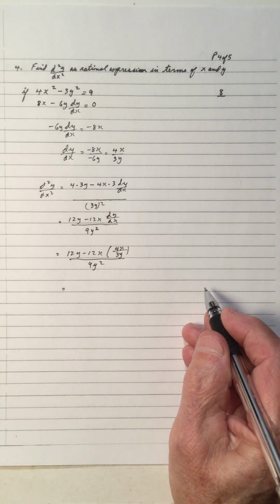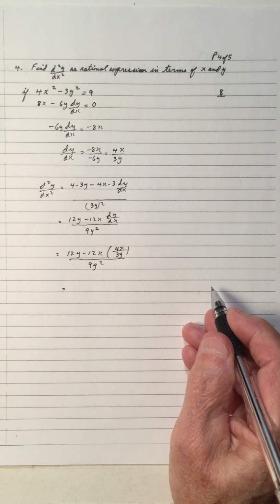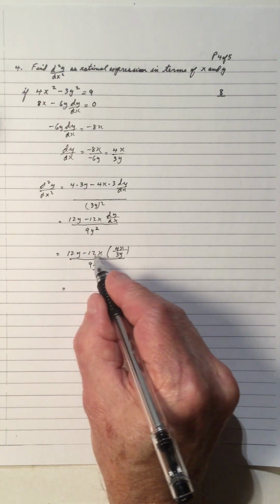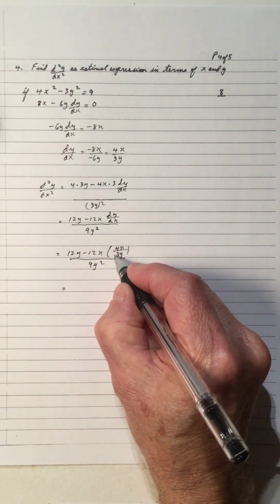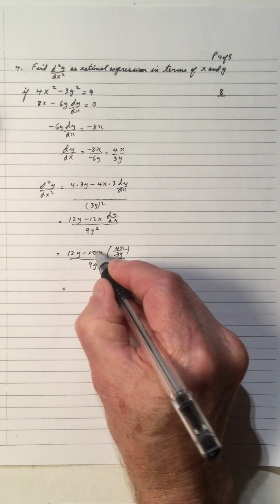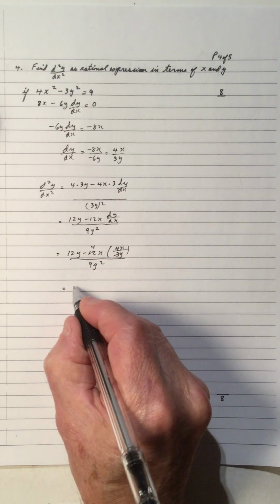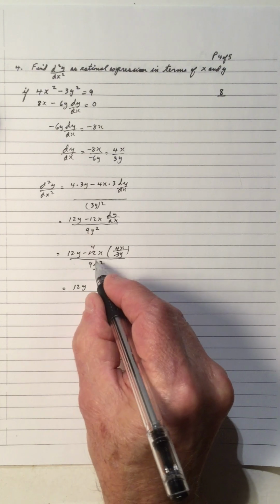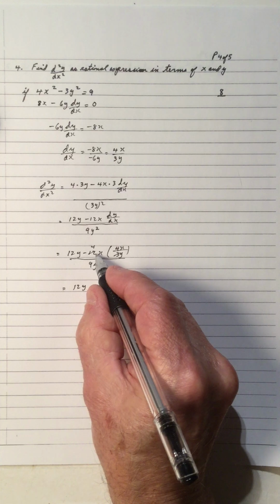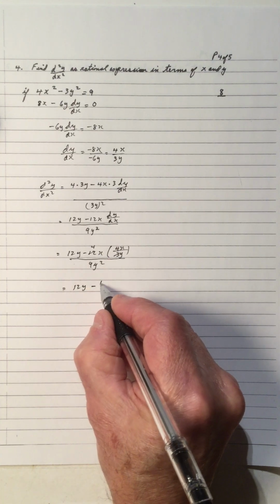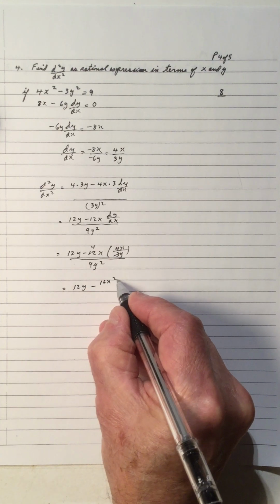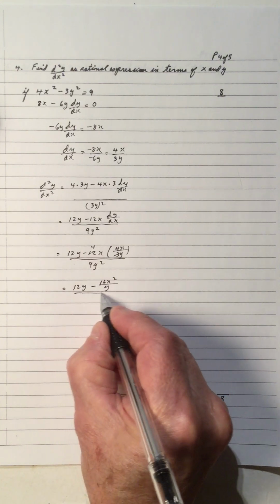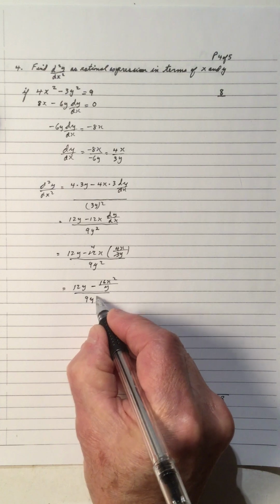So when we simplify this, now we can cancel out the 3's if we want here. 3 into that goes 4. So that gives us 12y, and that's a negative 4x times 4x is 16x squared over y, divided by 9y squared.